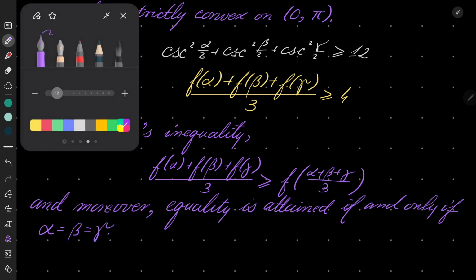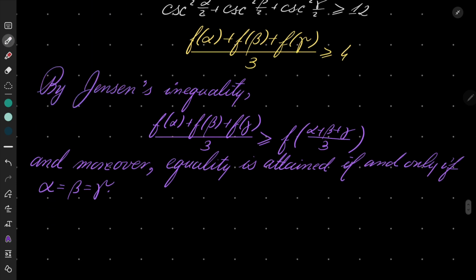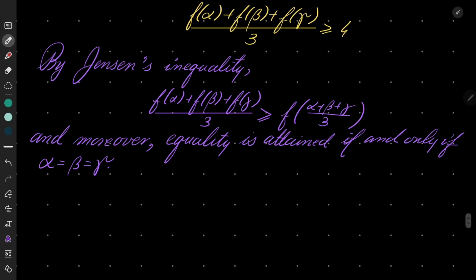Okay, and now let's find what is f of alpha plus beta plus gamma over 3. Alpha plus beta plus gamma is pi, so it's f of pi over 3.